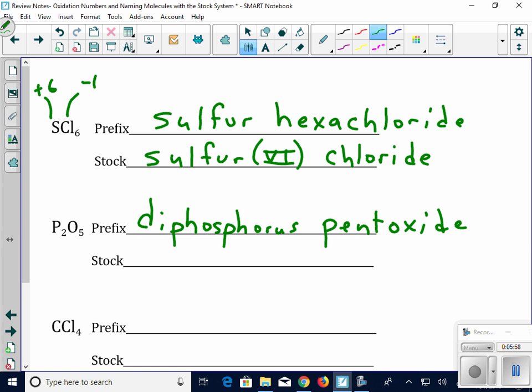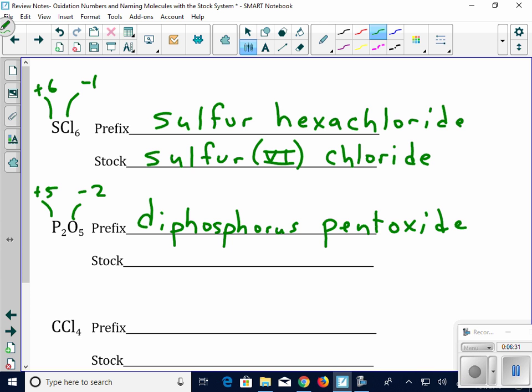So diphosphorus pentoxide. When I assign oxidation numbers, is O a peroxide here? It is not. So O is going to take a -2. That's going to give me a total charge of -10. So what is my phosphorus oxidation number going to be? +5.